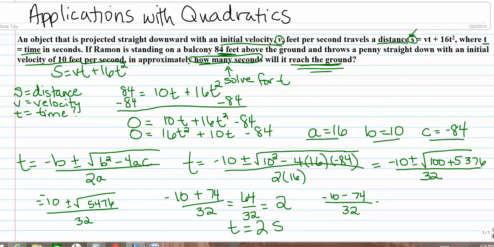This one is going to be negative 84 over 32, which is going to give me a negative value. 42 over 16, 21 over 8, which doesn't really matter though because it's going to be negative. We're not going back in time. We want to know the positive sign. So it takes 2 seconds for the penny to reach the ground after Ramon has thrown it from 84 feet above the ground.